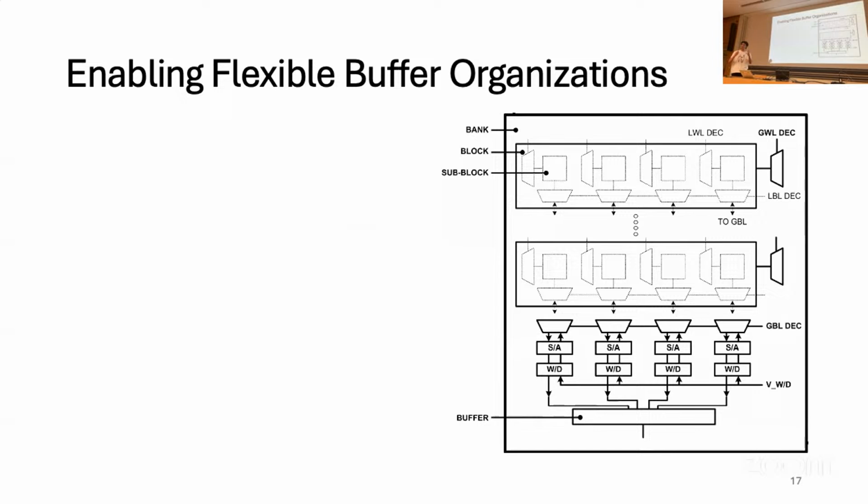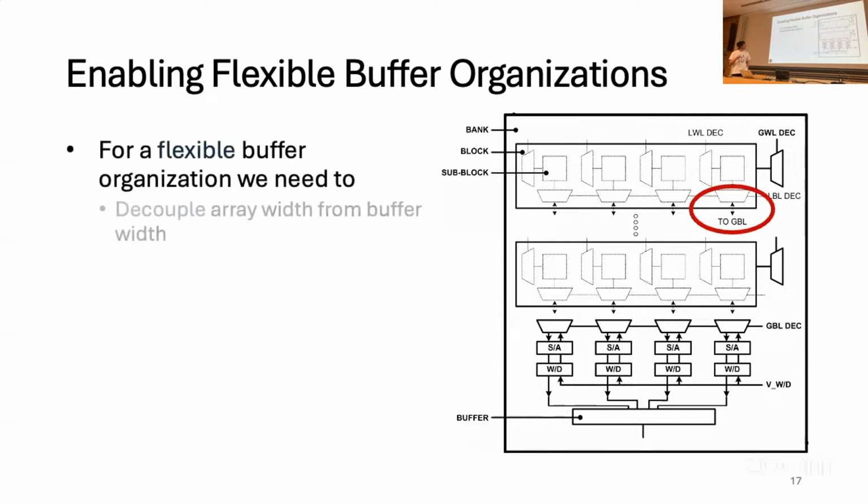So to enable playing around a bit with the buffer organization, add more rows, make them less wide, we have to do some changes to the memory architecture. Specifically, we want to be able to change the number of sense amplifiers without affecting the rest of the memory array, particularly the width of the whole memory array. So we might need to share some sense amplifiers among multiple bit lines.